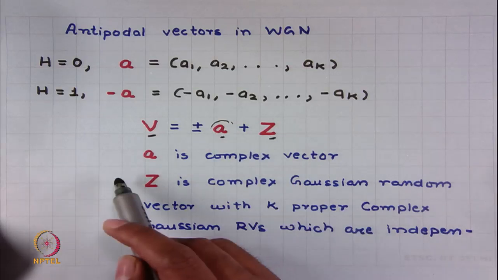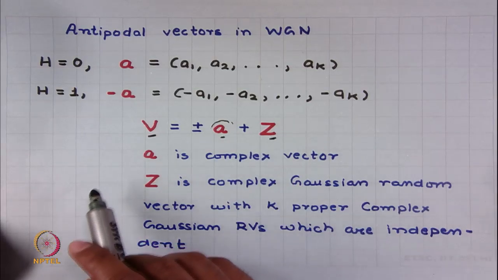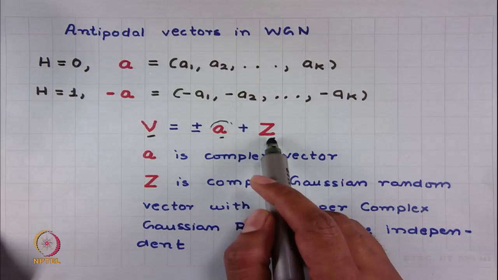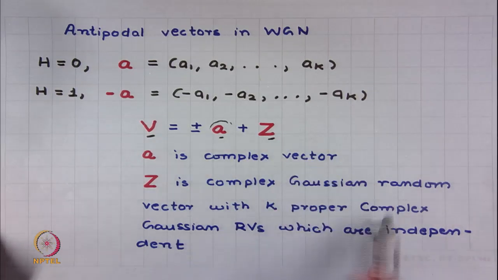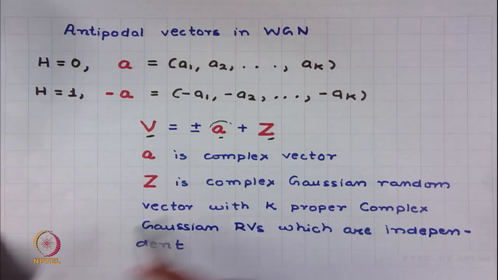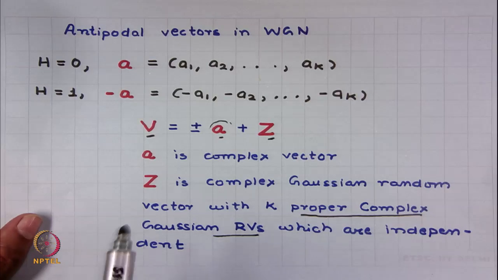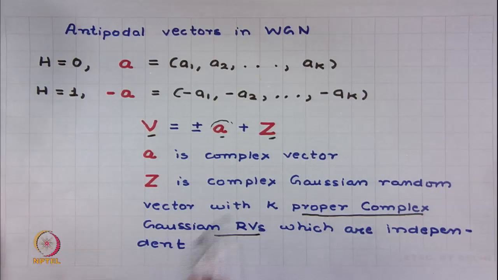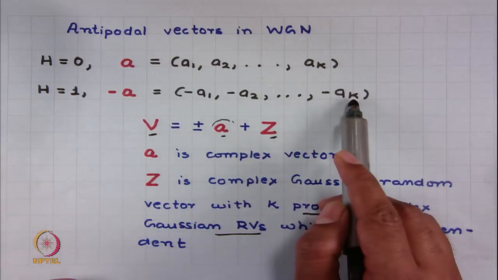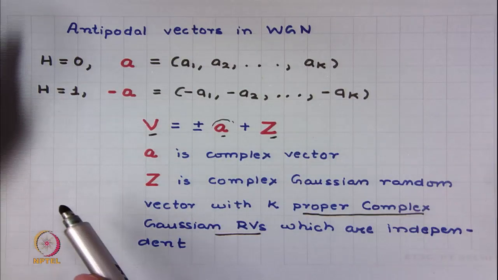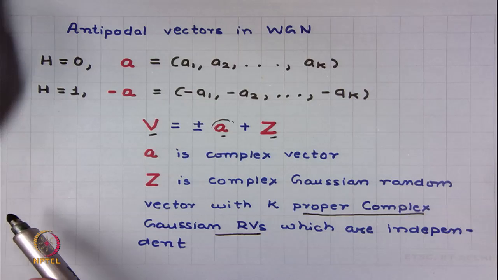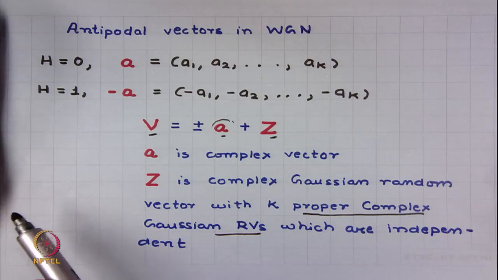So, the noise vector will also be a complex Gaussian random vector, and this complex Gaussian random vector will contain k proper complex Gaussian random variables, and these complex Gaussian random variables will be independent. We will see shortly what these proper complex Gaussian random variables are, but let us just assume at this moment that z contains k proper complex Gaussian random variables, and they are independent because the underlying noise process is white Gaussian noise.